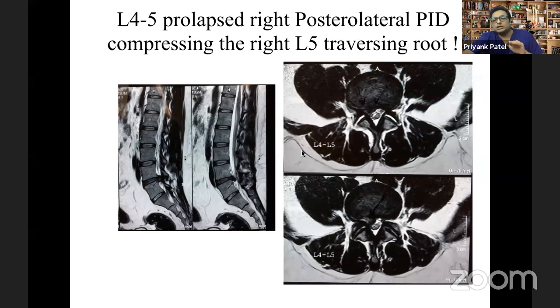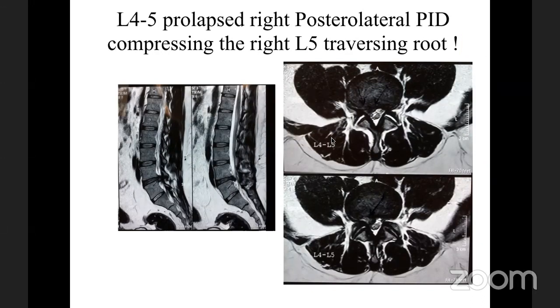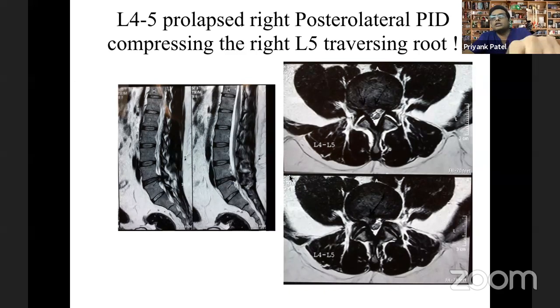So there is a universal dictum. And if there's no labeling, then you count as mobile segments, so it is going to be the last mobile segment and second last mobile segment. If the radiologist has not mentioned anything, instead of L4-5 disc prolapse I will say second last mobile segment prolapse intervertebral disc.